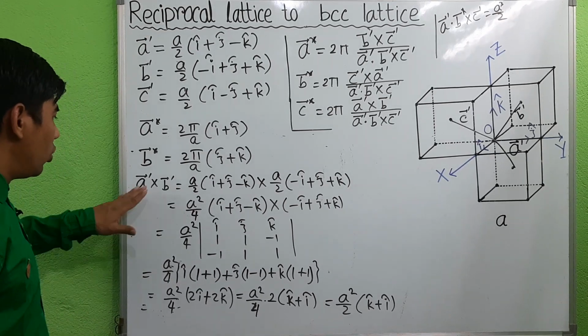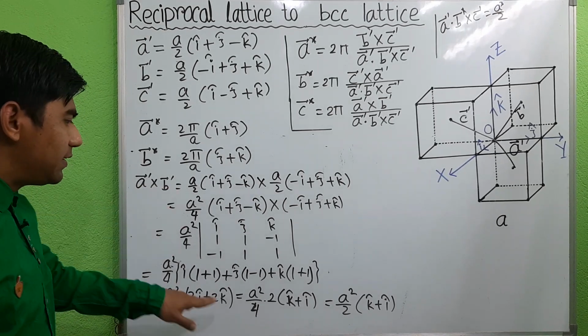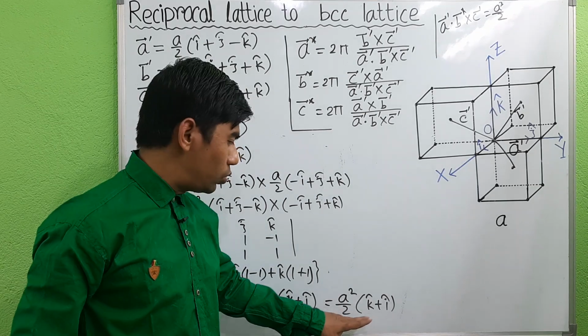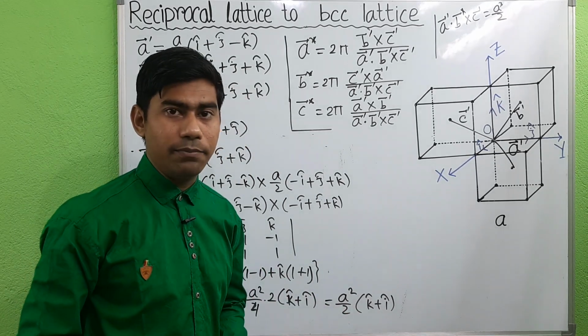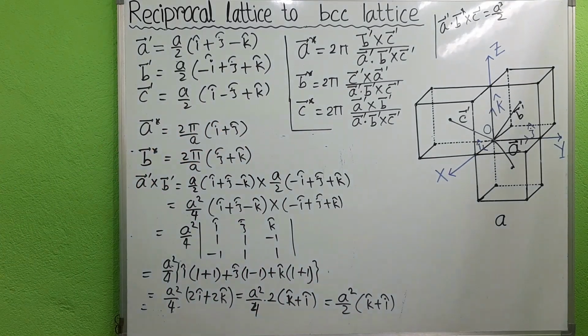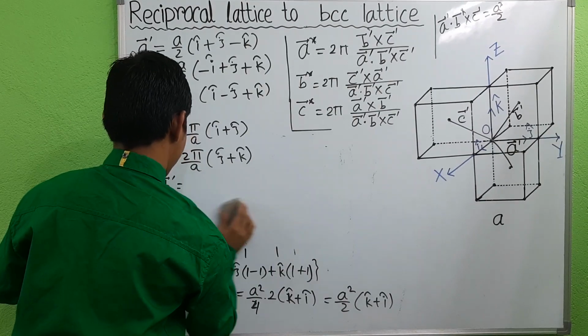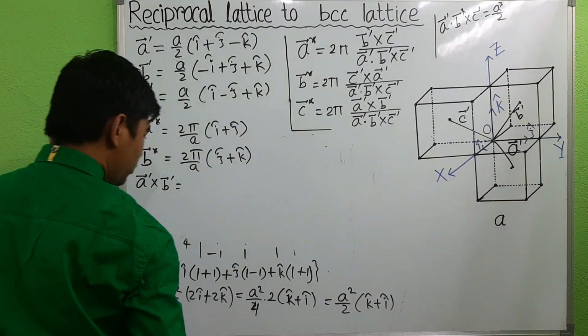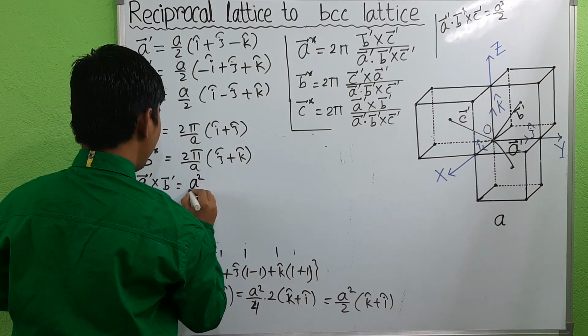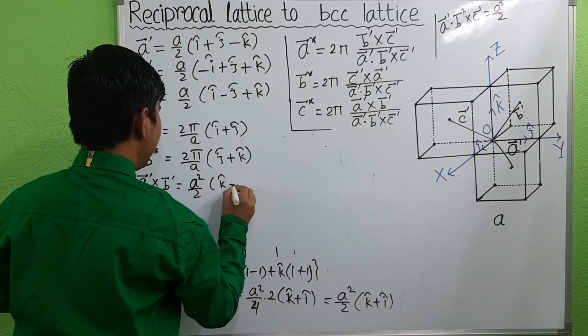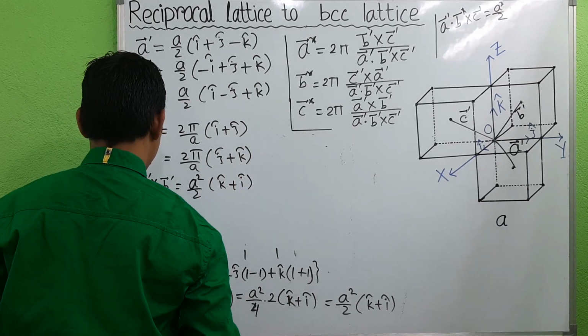So the value of a dashed cross b dashed is a square by 2 (k cap + i cap). So we can write a dashed cross b dashed is a square by 2 (k cap + i cap).